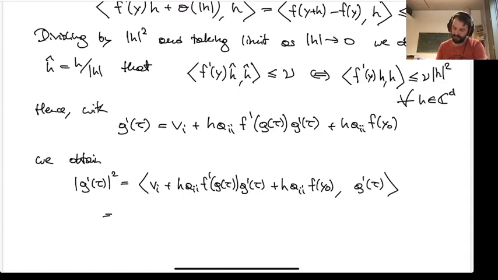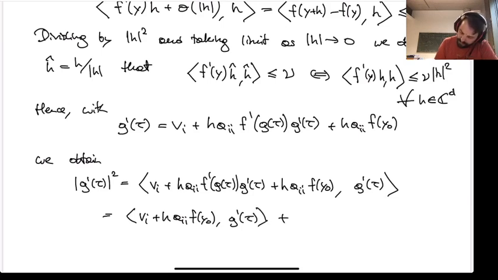I pull out the terms that do not depend on g prime on the left, so I get v_i plus h a_ii f of y naught inner product with g prime of tau.